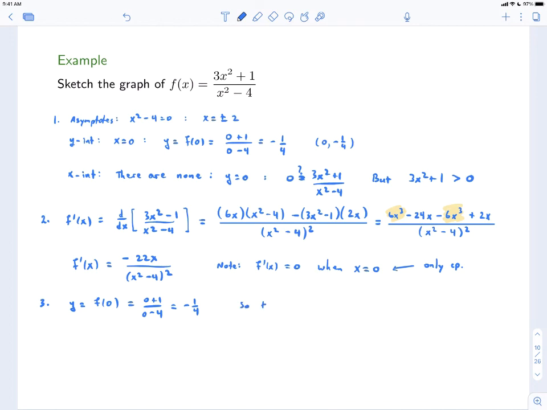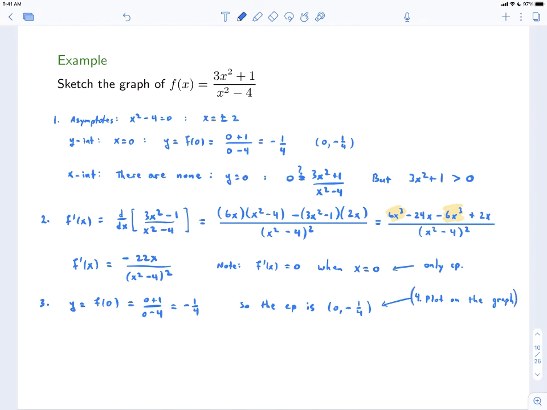So the critical point on the graph is 0 comma negative 1/4. Now what we would like to do at this point is plot it on the graph. And this is our step 4, but we're going to save all of the plotting until the end.